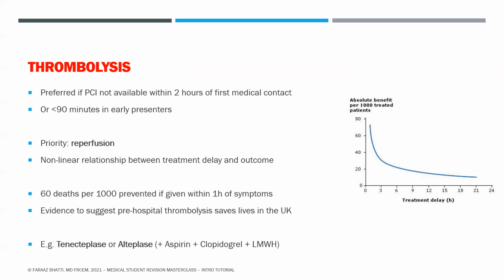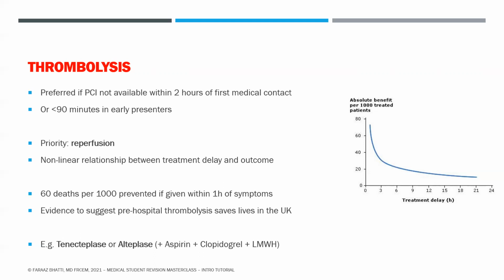With thrombolysis, there are 60 deaths per 1,000 prevented if given within 1 hour of symptoms. So what this means is if you give thrombolysis within 1 hour of the patient presenting with their symptoms, you're preventing 60 deaths per 1,000.